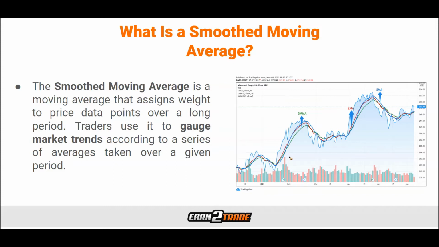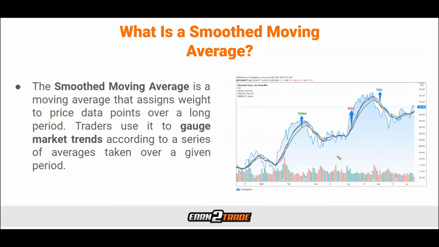Now, unlike the EMA, the EMA is going to place more emphasis on recent data, as we've discussed in the past. The smooth moving average provides a broader view of things than both of these by smoothing out, so to speak, the short-term market fluctuations. This added accuracy helps traders confirm market trends quicker and hopefully more reliably.